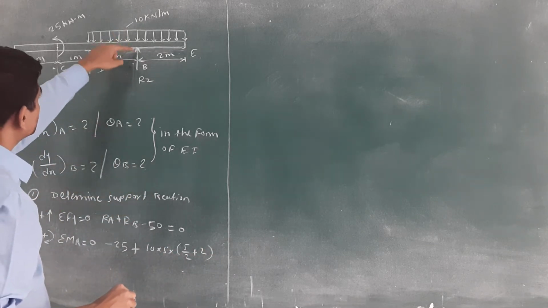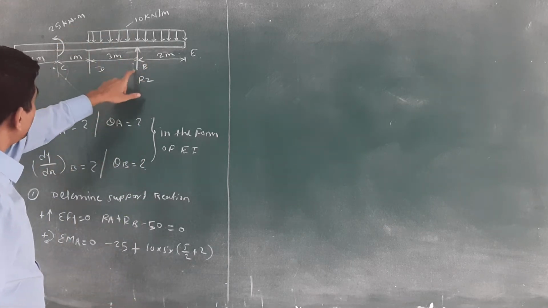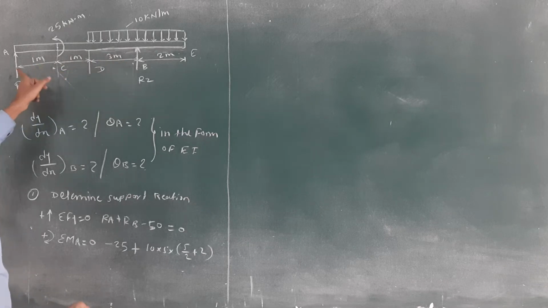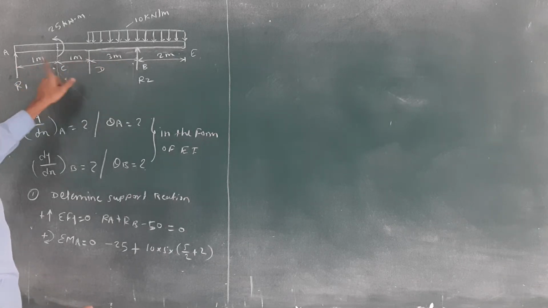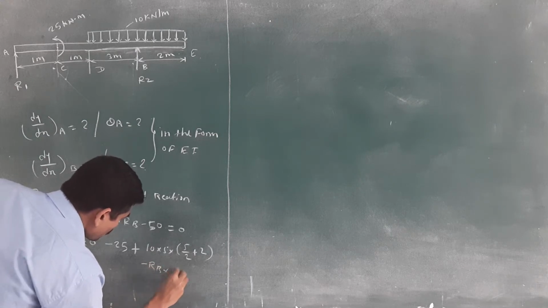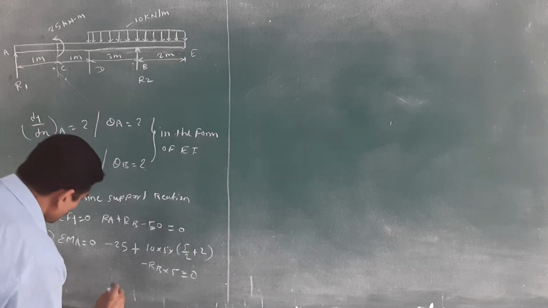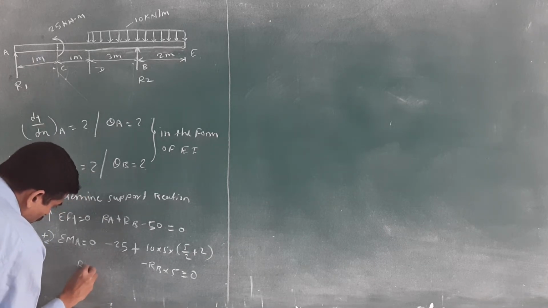And one more force, RB, is going anti-clockwise, that's why minus RB into the distance up to A, 3 plus 2, 5, minus RB into 5 is equal to 0. If you solve for RB, you will get RB equal to 40.